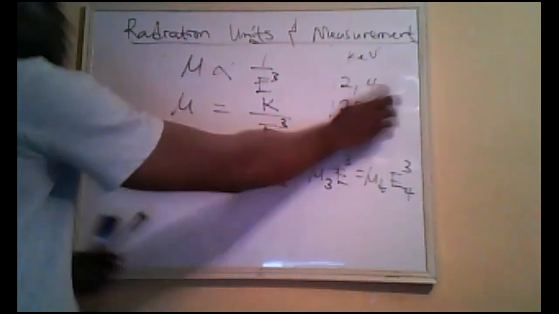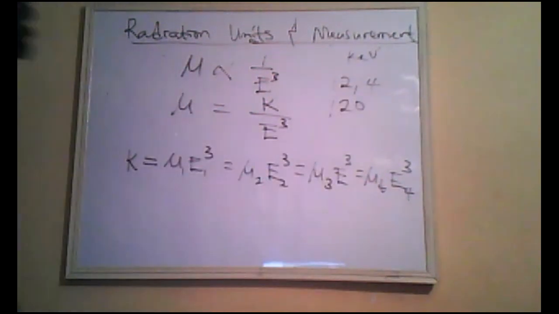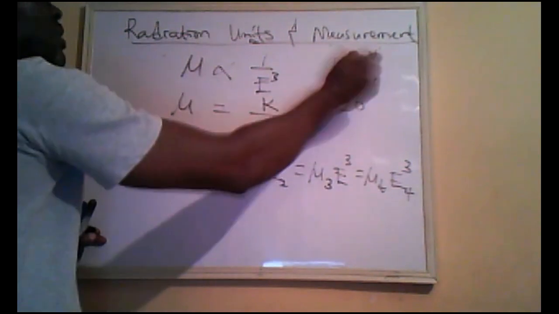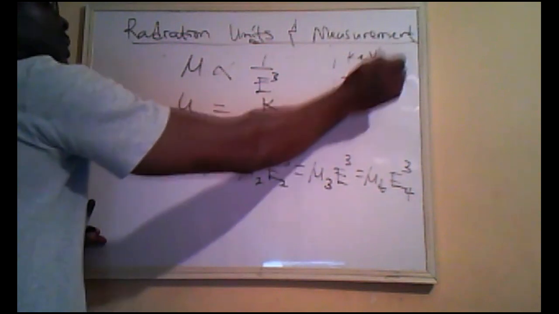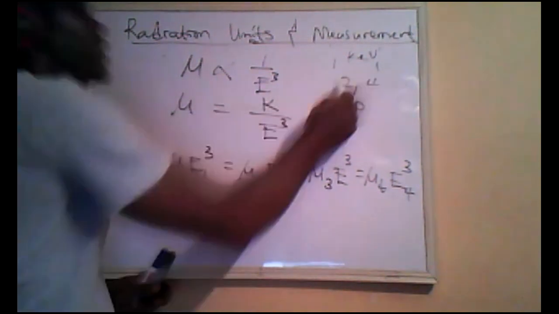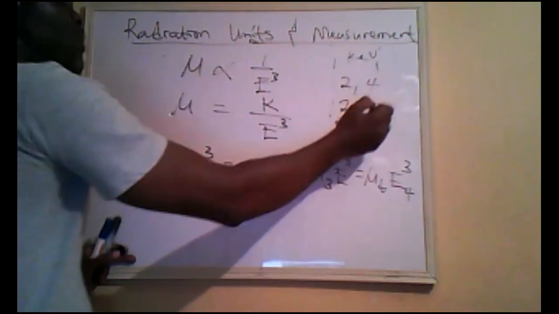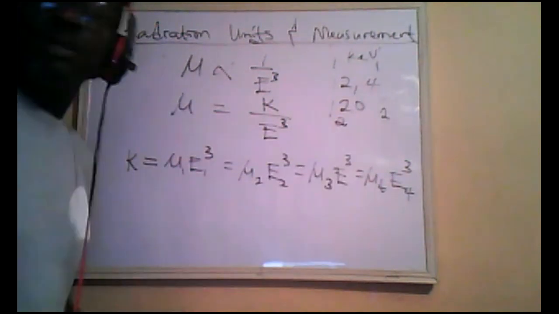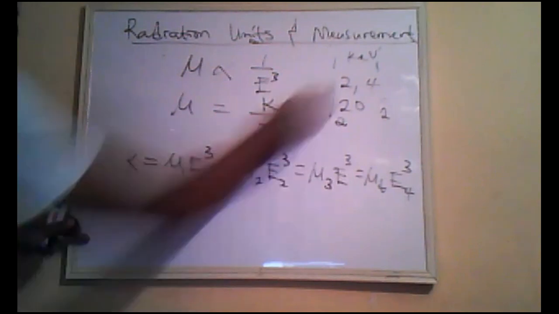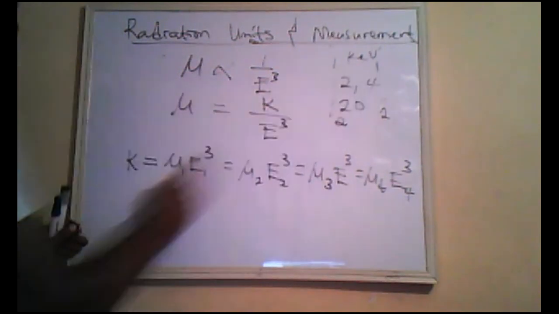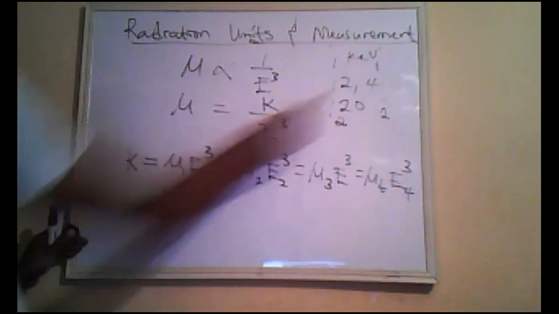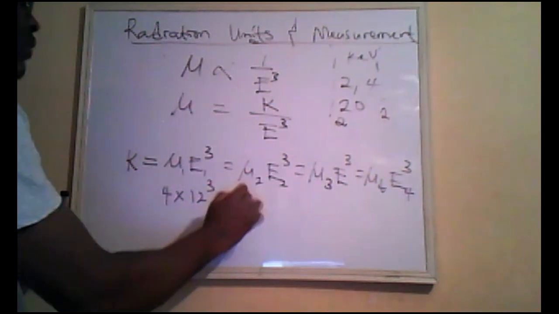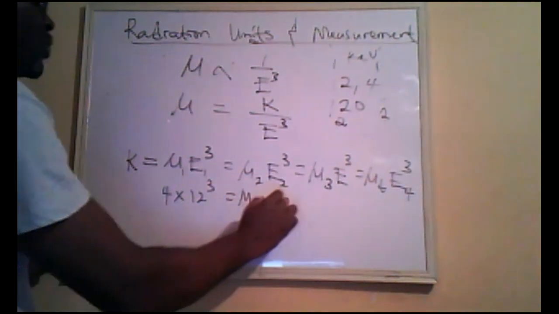You should find the mass attenuation coefficient at 120 kiloelectron volts. The first mass attenuation coefficient, 4, multiplied by the first energy, 12, raised to the power 3, equals what we are looking for multiplied by 120 raised to the power 3.